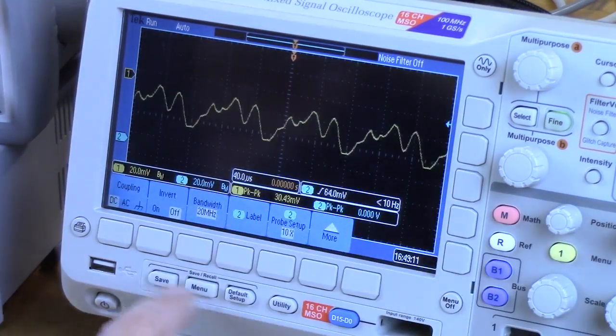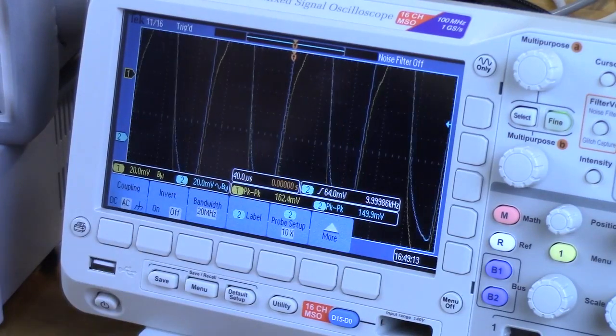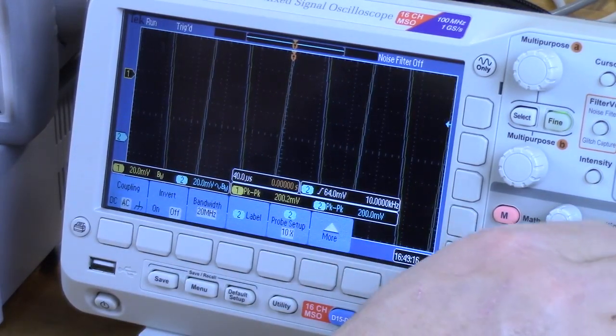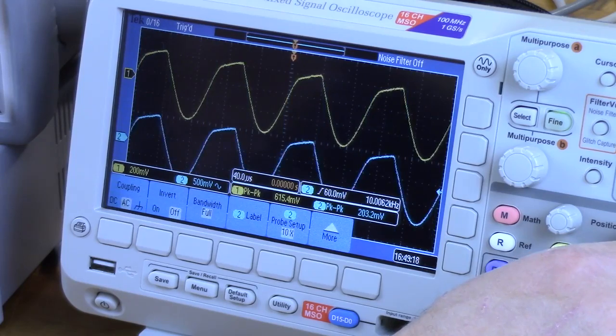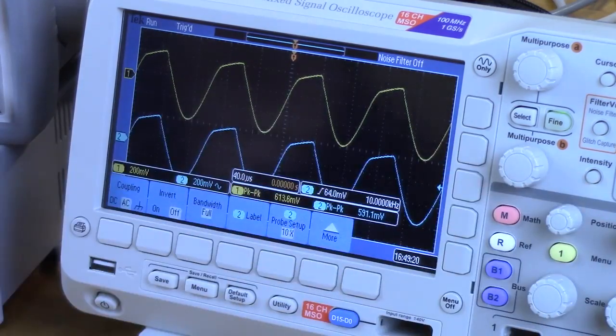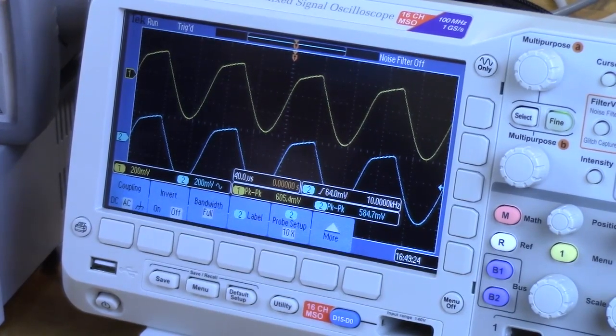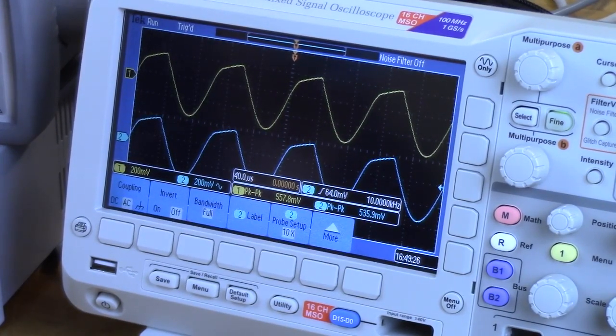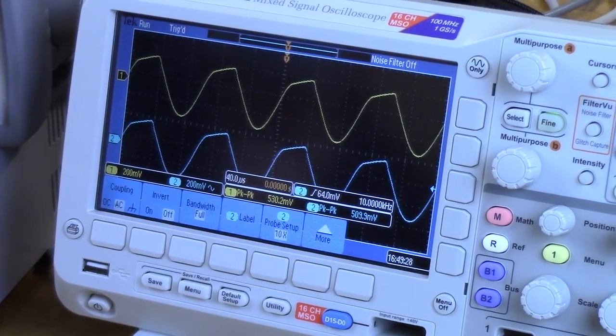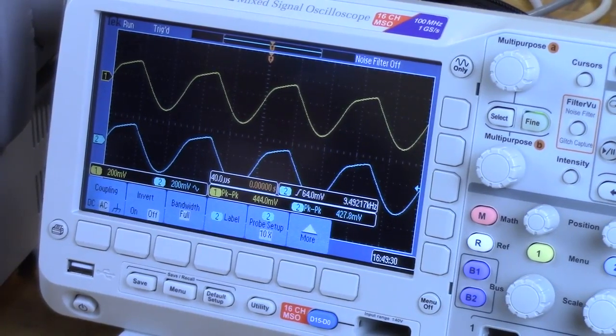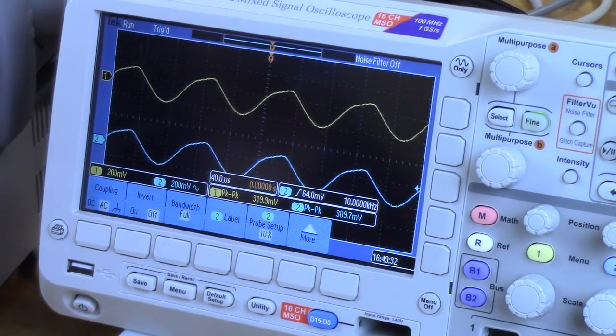So channel 2, let's see if we can get that to show up on the screen. There it is. Okay, and it looks like we're overdriving a little bit, so we're driving the transistor into saturation. Let's see if we can get these waveforms to the point where they're not distorted.